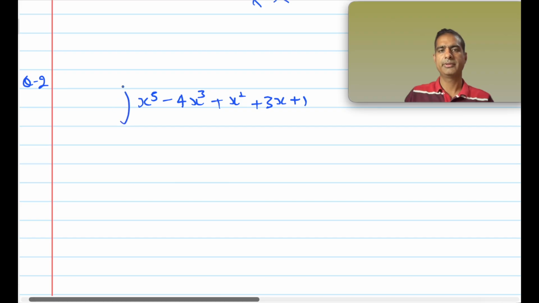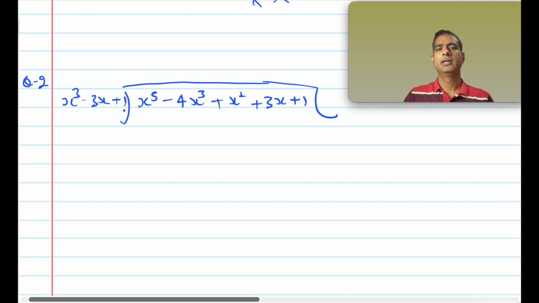So this is the dividend, and the divisor is x cube minus 3x plus 1. Both the divisor and the dividend are in standard form, so we don't need to worry.